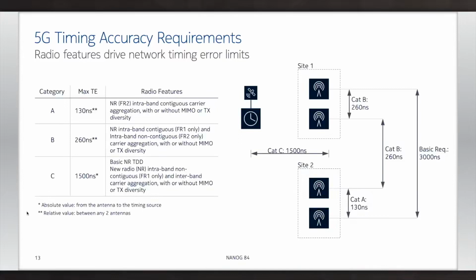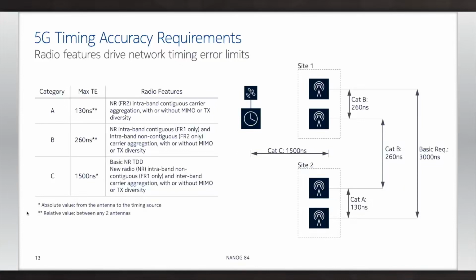That is a very important distinction to have here. Category C has an absolute time error requirement from the antenna all the way to the time reference. Categories A and B have a relative time error requirement between any two given radios. That is how we look at the maximum time error.